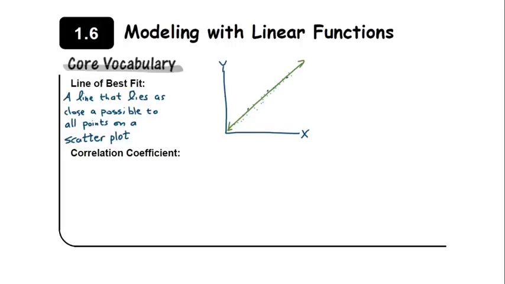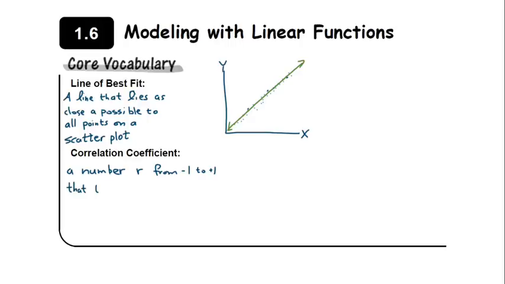Okay. A correlation coefficient has to do with the line of best fit, and the correlation coefficient is a number R. It's called R, and it is from -1 to +1.